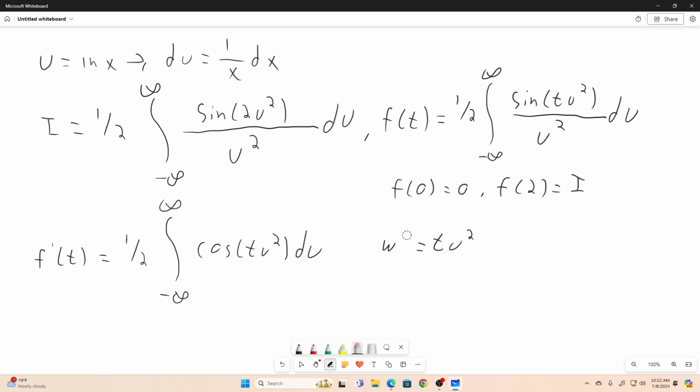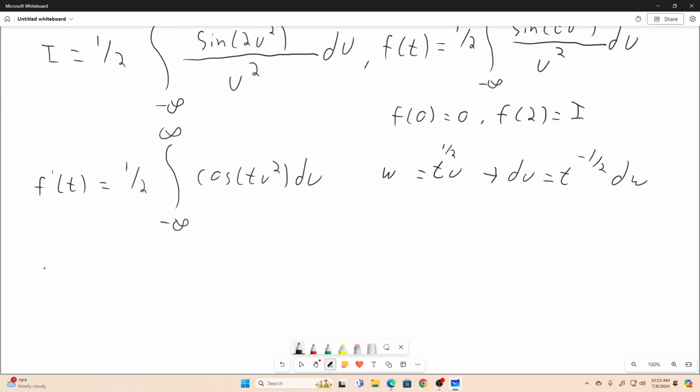So let's just say that w is equal to t to the 1/2 u. It amounts to the same thing. We'll still end up with a w squared in there. Okay, so this implies that our du is equal to t to the negative 1/2 dw.